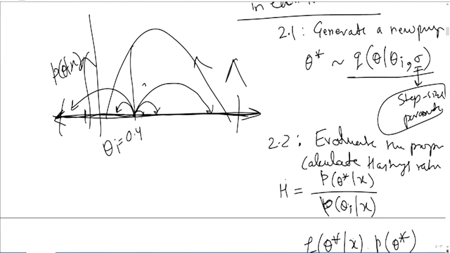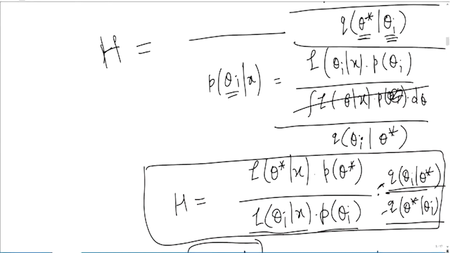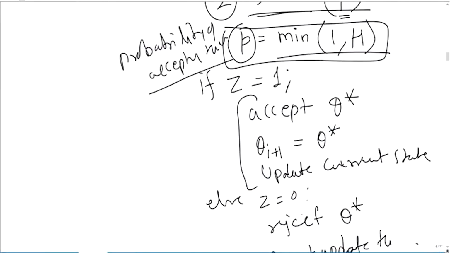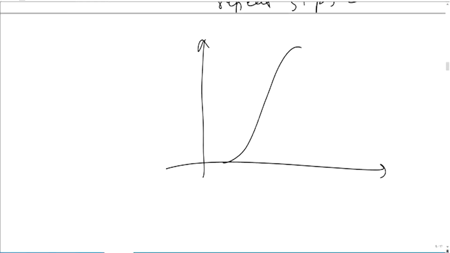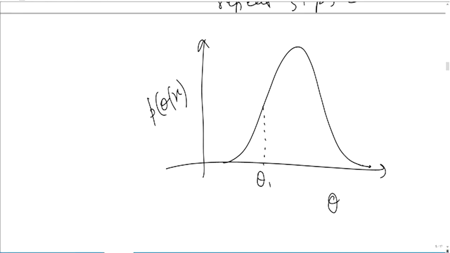Now let me explain the importance of the step size parameter. Let's suppose this is your actual true posterior distribution, P of theta given x, with theta on the axis, and this is the current state of the chain, theta I. Suppose your step size sigma is too small.